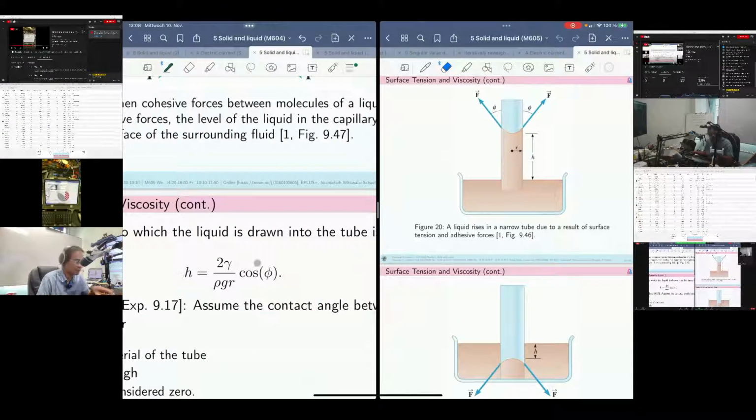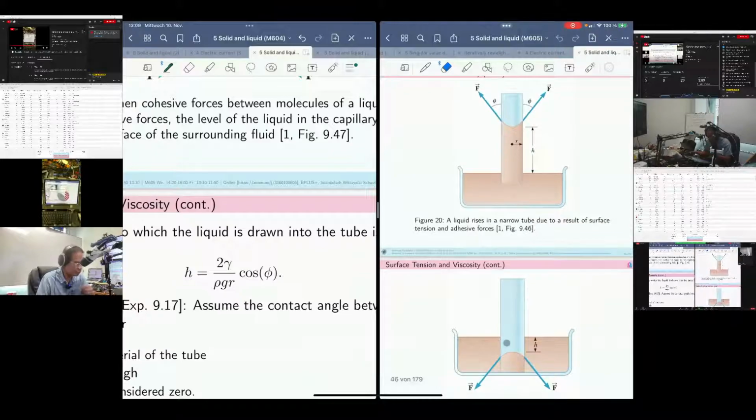Whether it's the water case or the mercury case, we have the same formula for that.